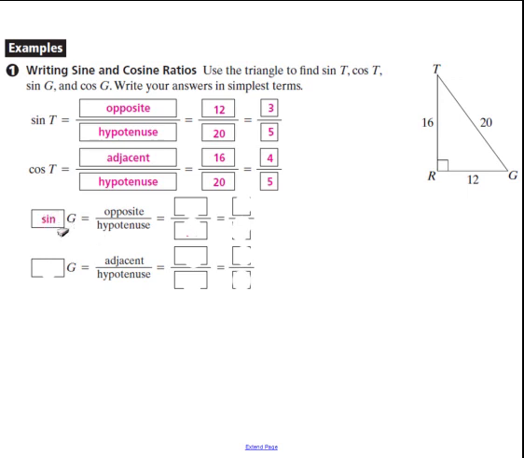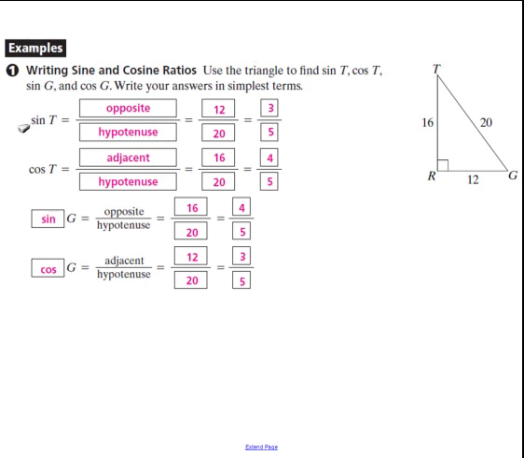So we're going to see something interesting here. When we look at the sine of angle G, here's G, so the opposite would be 16. Hypotenuse would be 20. So we get 16 over 20, or 4/5. And then cosine, adjacent over hypotenuse, we get 12 over 20, or 3/5. So again, if you notice here, the cosine of this angle is equal to the sine of this angle, which makes sense.